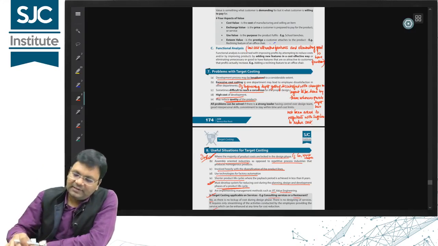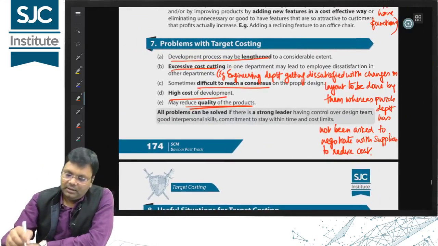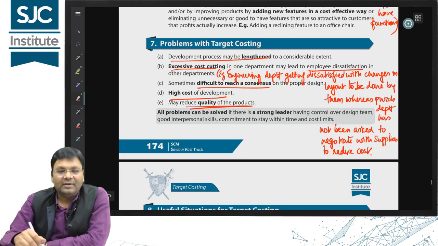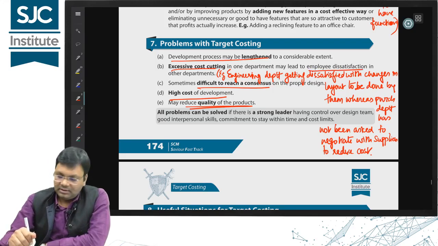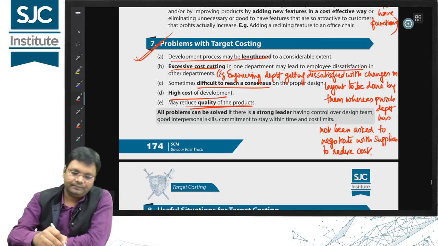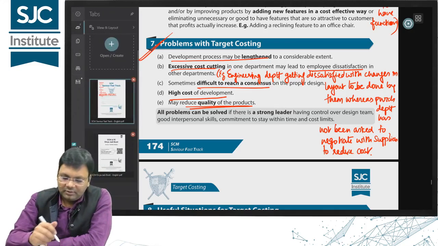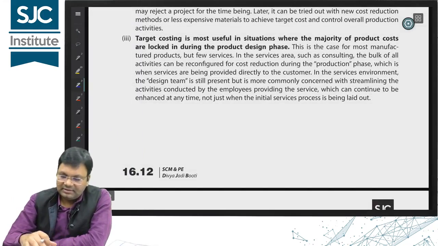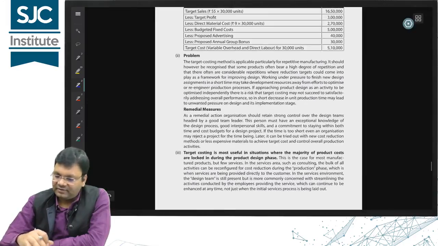See this, problems with target costing: lengthened process, employee dissatisfaction, sometimes consensus is not achieved, high cost, quality, and the problem can be solved with a strong team leader. So this was the question here. I told you, you usually tend to write generalized answers, but that won't work. So this is the only magic of your subject.